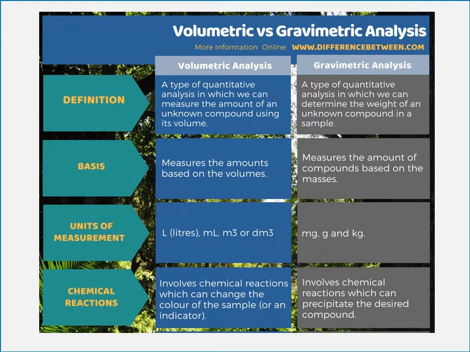But gravimetric analysis involves a chemical reaction which precipitates the desired compound. Again, the most common method that we are going to use is the precipitation method of gravimetric analysis, so you will be able to observe precipitates in your compound.